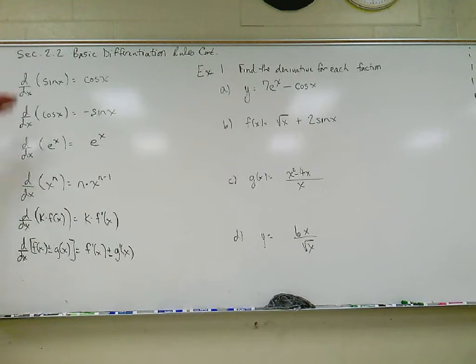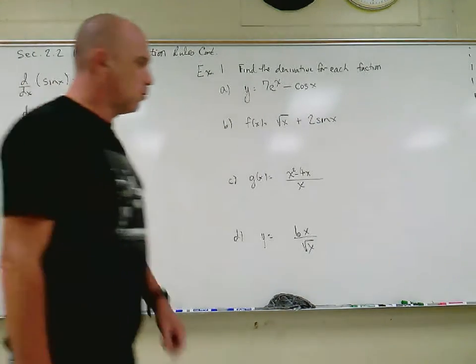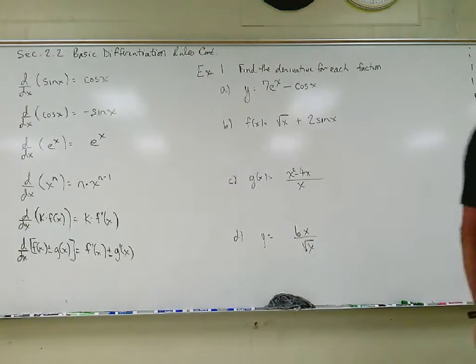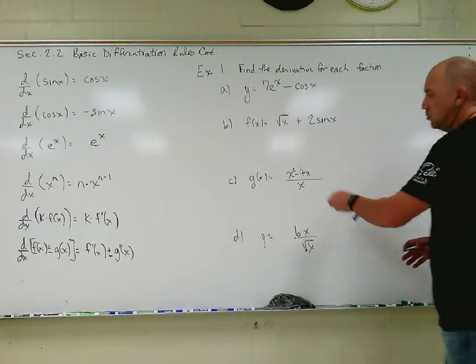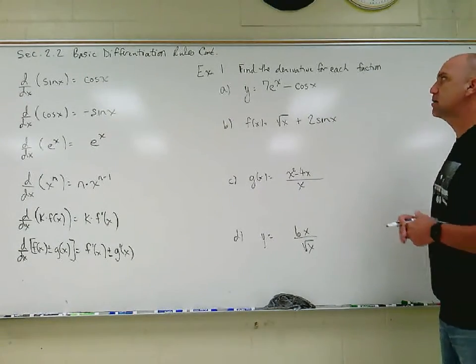So using everything that we have here and what we have on the board, we should be able to find each derivative. I've got 4 examples, and for the last 2, you may need some hints on how to attack them.